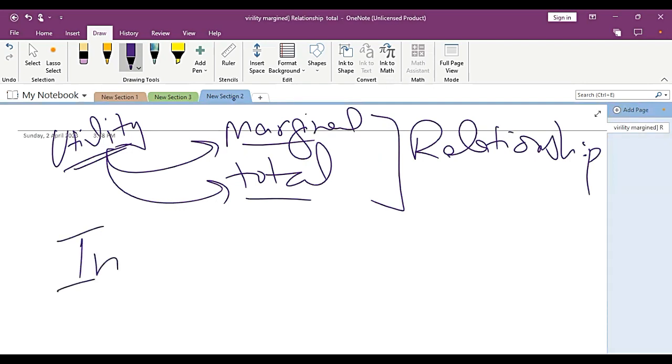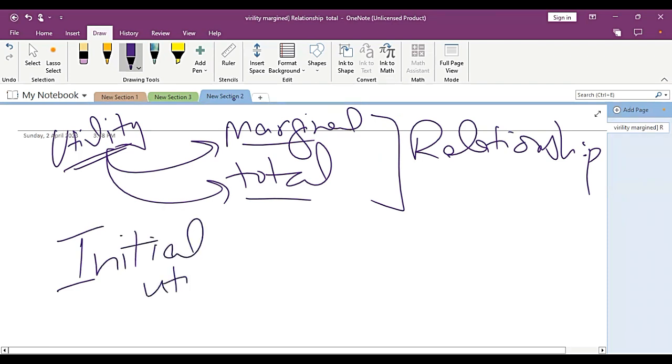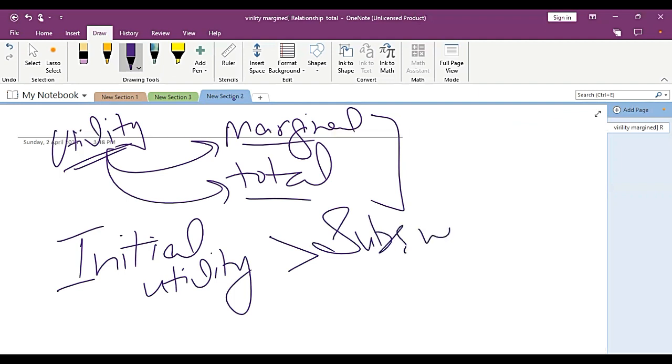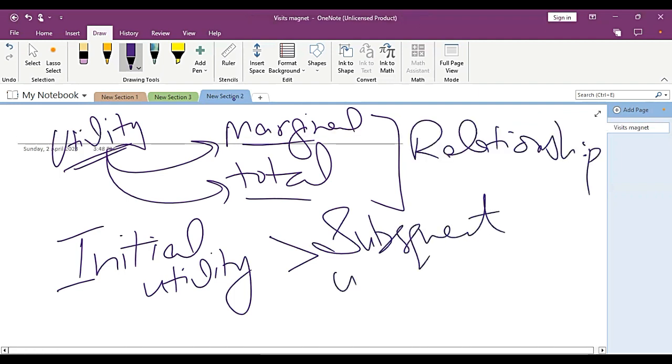So we can say that the initial utility obtained from the consumption of the very first unit is always greater than the utility obtained from subsequent units.